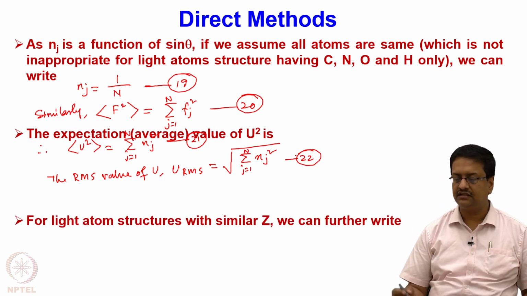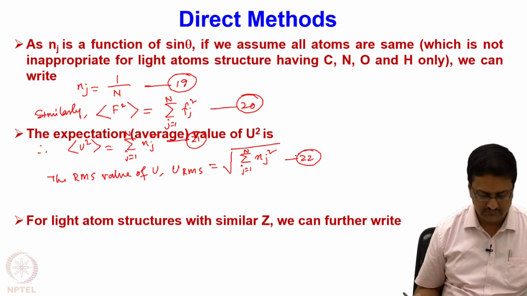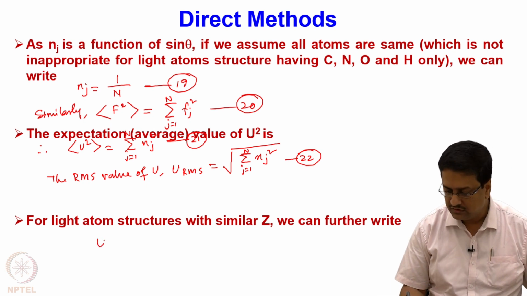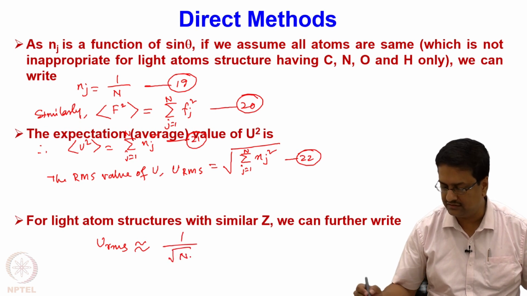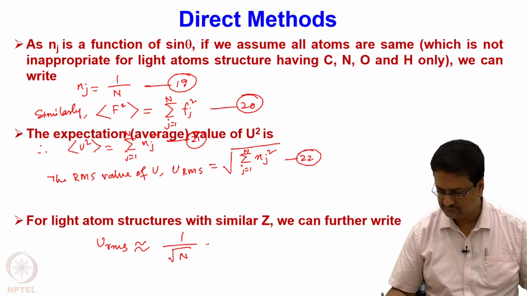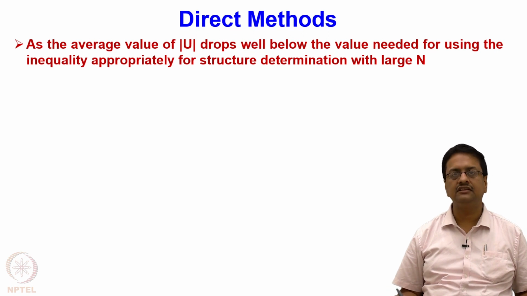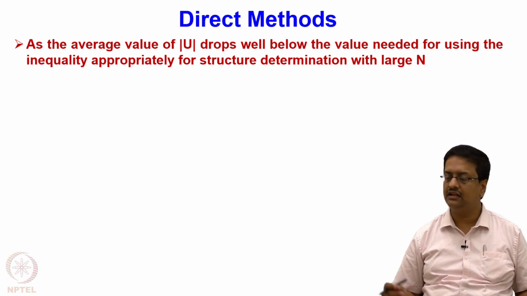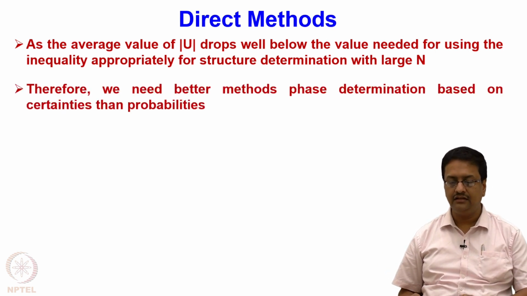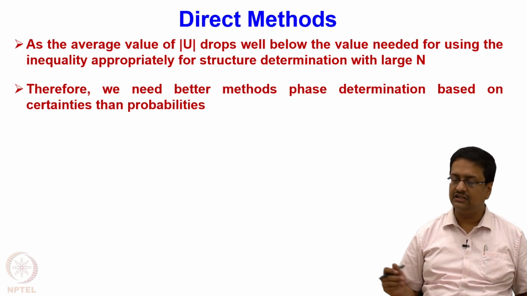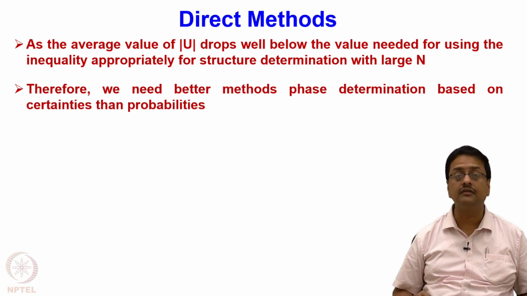So, for light atom structures with similar Z, we can further write that URMS is nearly equal to 1 by square root of n. So, as the average value of u drops well below the value needed for using the inequality to work for structure determination with large n, therefore, we need better methods to determine the phases based on certainties rather than probabilities.